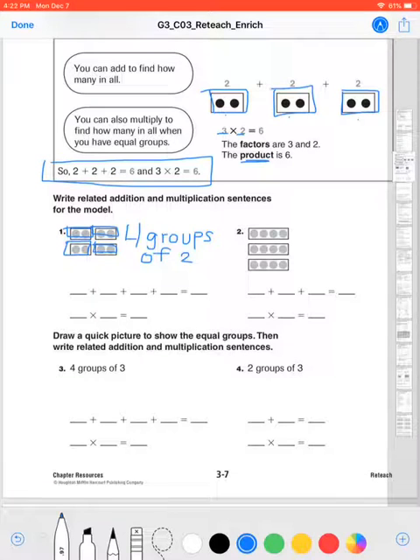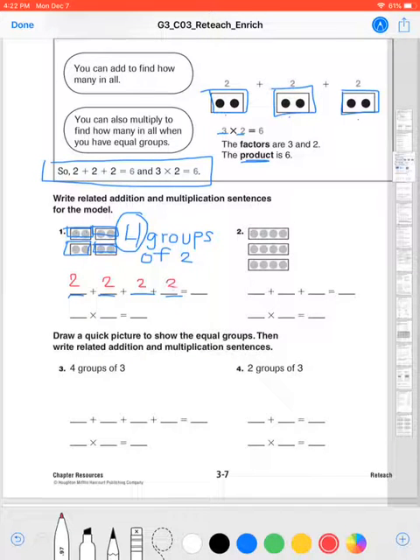So the number that comes first tells us how many times we're going to add that number. So you notice here we've got 4 blanks. That's this number. And then we're going to have 2 on each because we are adding together 2 four times.